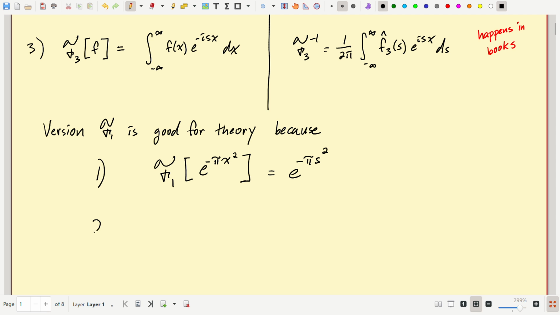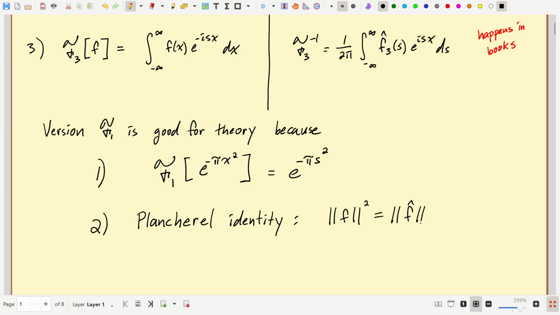Another important thing is something called the Plancherel identity. The Plancherel identity doesn't have any constants in it. It's kind of like Parseval's identity for Fourier series, but it says the L2 norm of f squared is the same as the L2 norm of f hat squared.